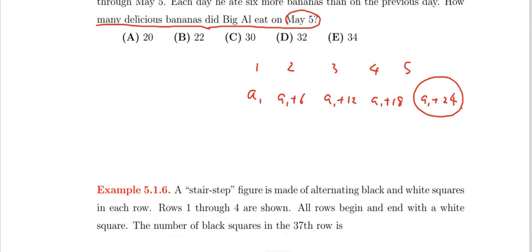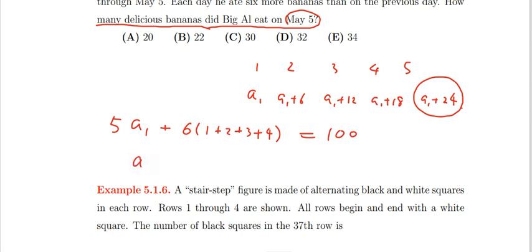So find A1. We just add them up. We have 5 A1 plus 6 times 1 plus 2 plus 3 plus 4 equals 100. So we divide by 5.